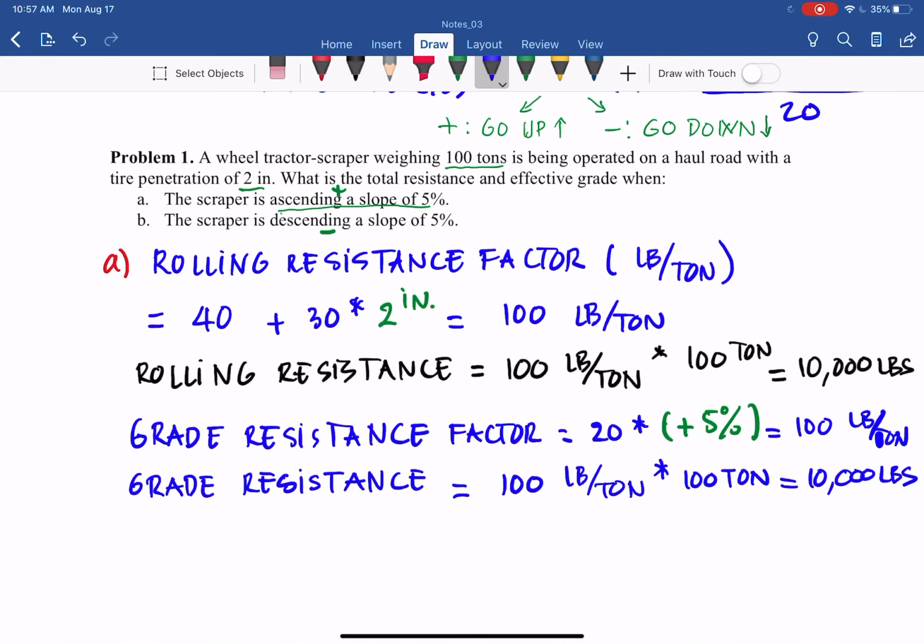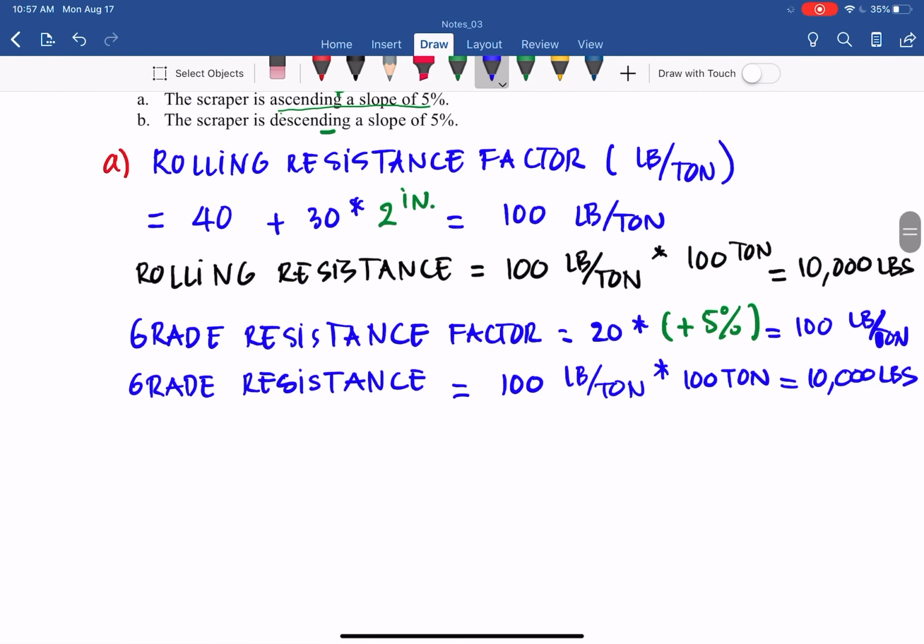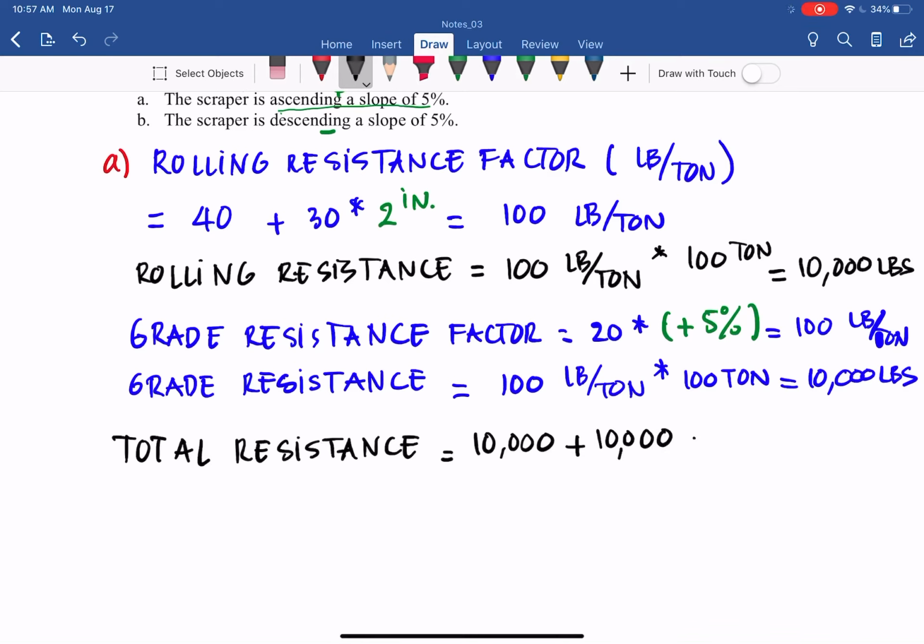With those two, the total resistance equals rolling resistance plus grade resistance. So the total resistance equals grade resistance and rolling resistance: 10,000 pounds for the rolling plus 10,000 pounds for the grade. So we have 20,000 pounds total resistance, and that should be the first answer.